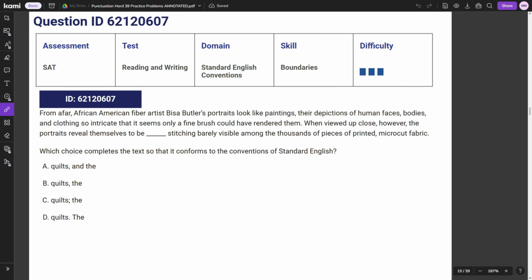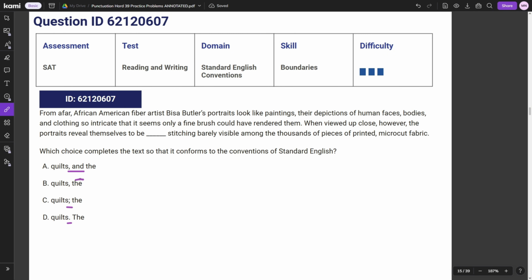Question number 15, let's look at our answer choices. We have a comma and a fanboy, a semicolon, and a period. All three of those have the exact same function, and of course, as we saw in question number 13, sometimes we can't get rid of them instantly. However, this question we can, because all of them look the exact same.